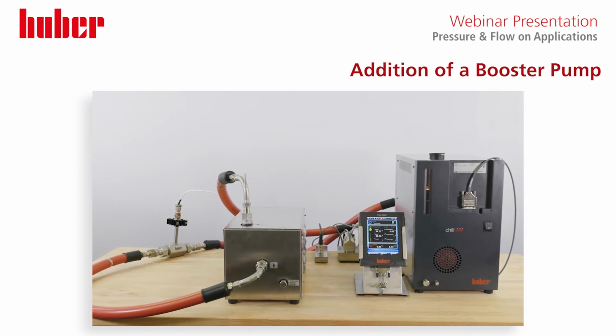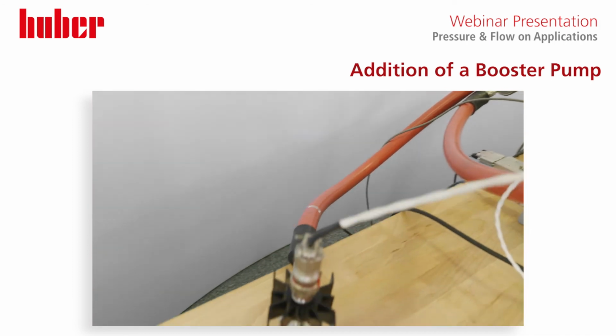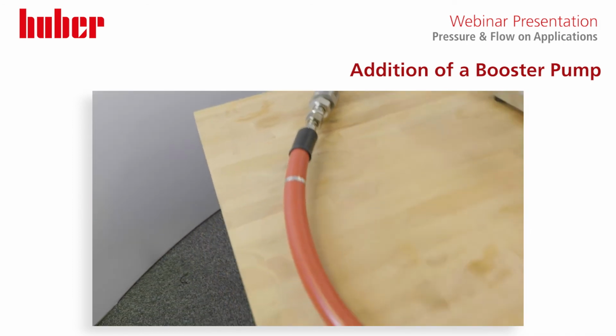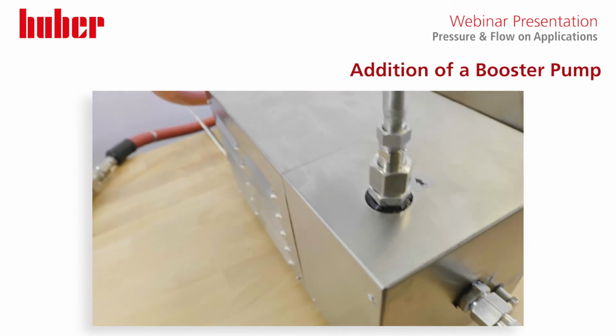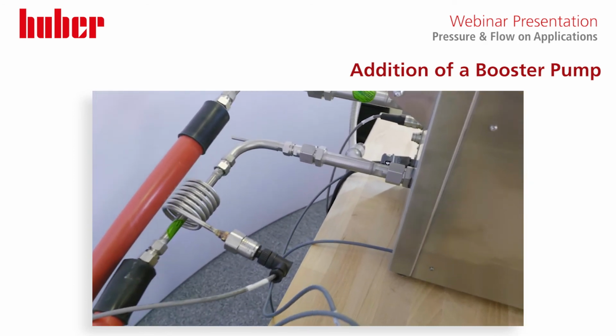So here we've set up the booster pump on our Chili, where we've done a simple setup. On the outlet of the system, we've got a flow meter going into our booster pump, and we've got our pressure gauge at the back, all feeding back into our E-grade Explorer.